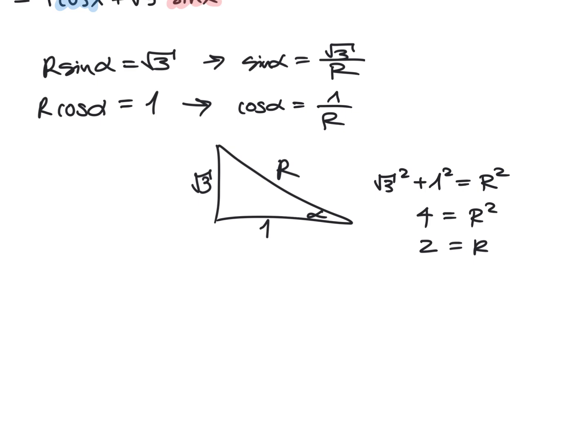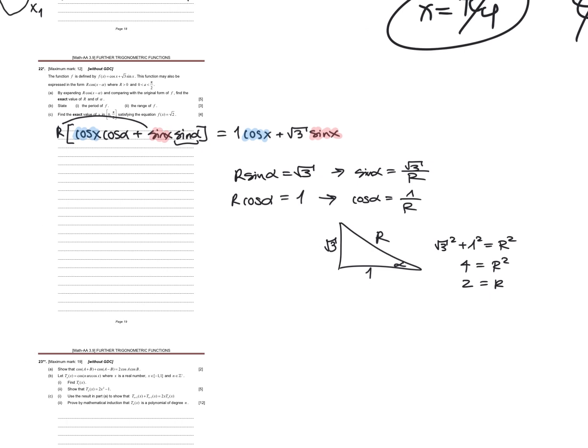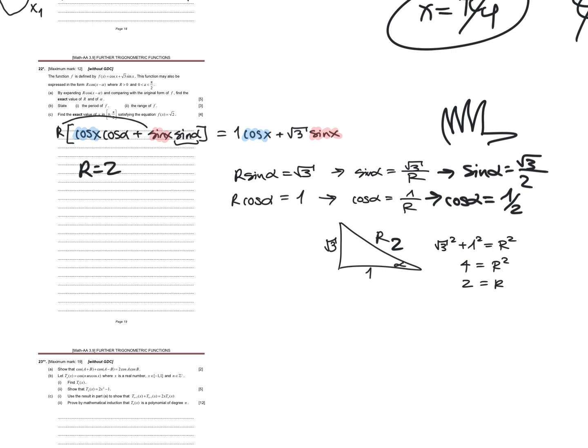And then if this is 2, we will have sine alpha is root 3 over 2, and cosine alpha is 1 over 2. Okay, so that's at pi over 3. So that means alpha is pi over 3.